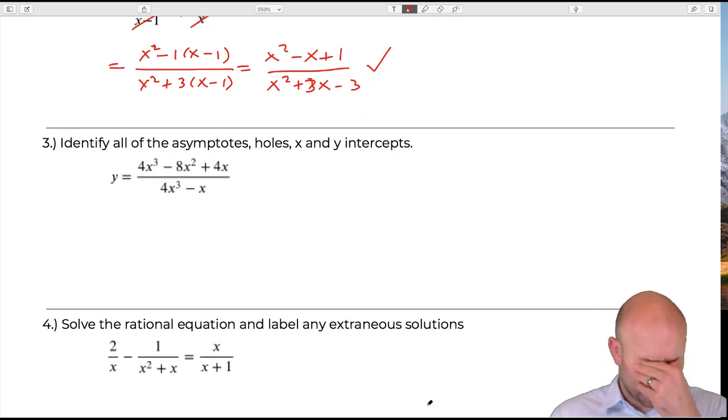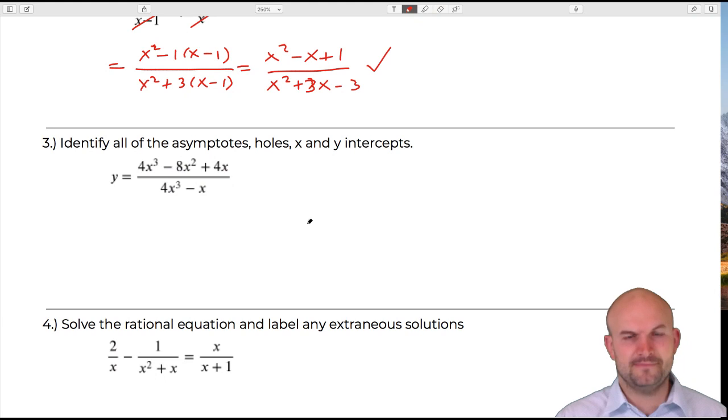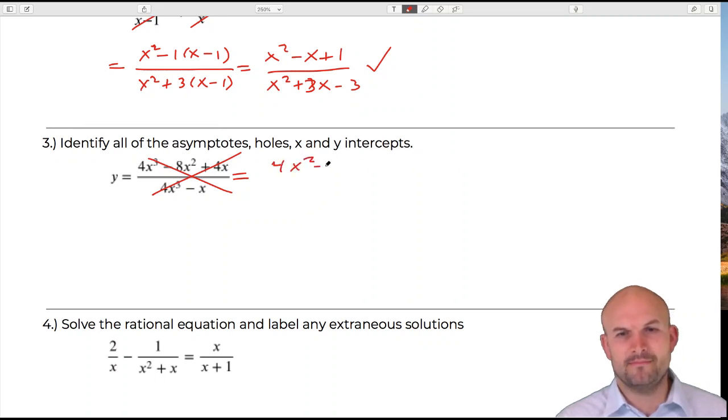Oh crap, I forgot. I changed this problem and I forgot to write it down and I didn't do my review. Let's see if I remember what the problem was. I forgot I changed this and I didn't change the quiz. All right, so I had 4x squared minus 8x.